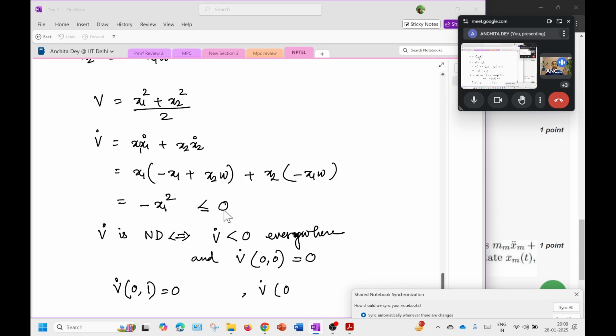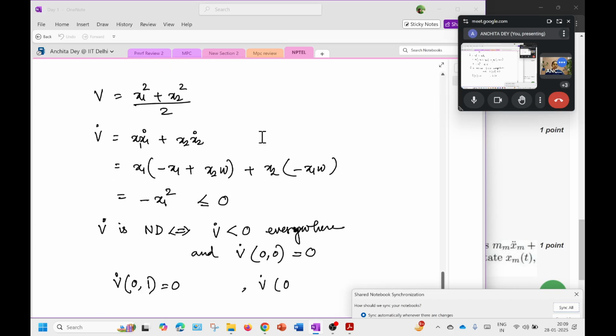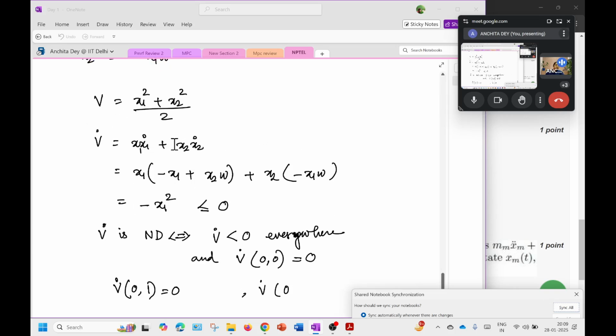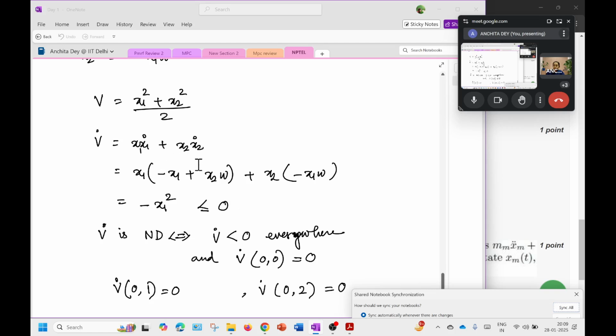Okay, and if it's a negative semi-definite function, the best we can conclude right now is, what can we say about the equilibrium point of the system? Is it stable, unstable? Right, but we are saying that V dot is less than or equal to 0, right?